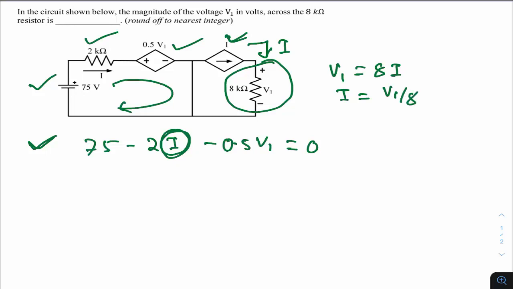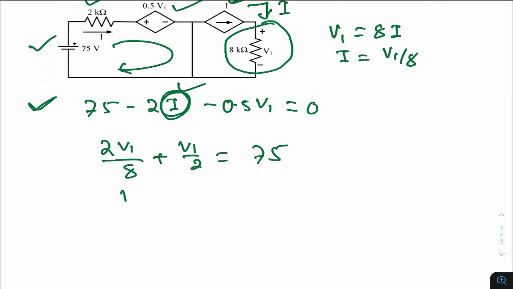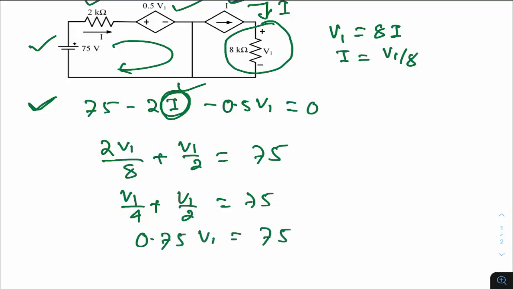So you can substitute it here. 2I becomes 2 V1 by 8. So I substituted V1 by 8, plus 0.5 V1, which is V1 by 2, is equal to 75. So this is basically V1 by 4 plus V1 by 2 is equal to 75. 0.25 plus 0.5 is 0.75, so 0.75 V1 is equal to 75.